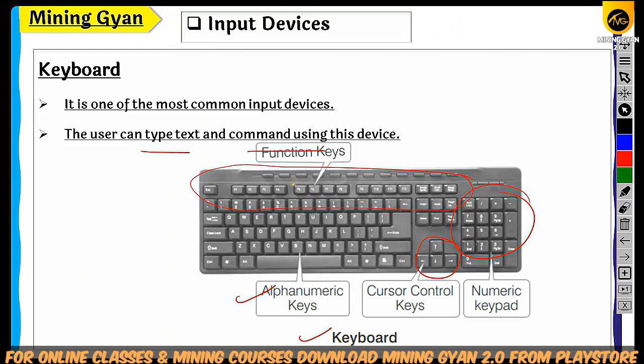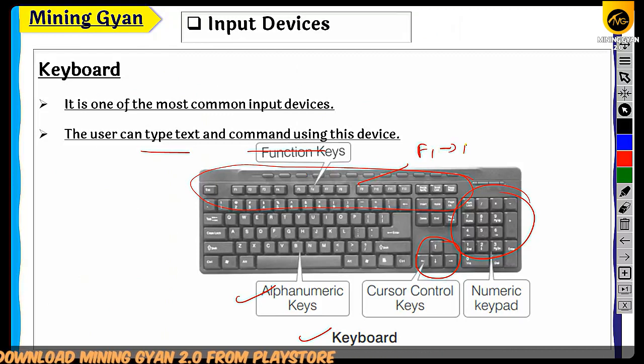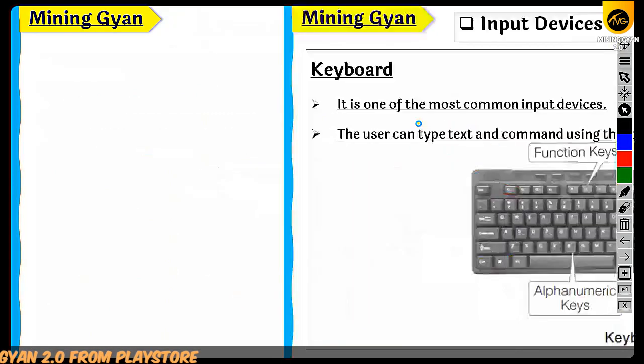Function keys are like programmable keys. A program can assign specific actions to them, from F1 to F12. So these are called programmable keys.